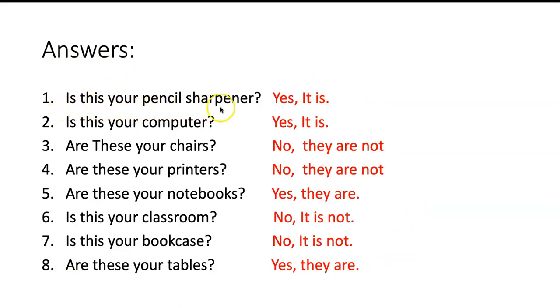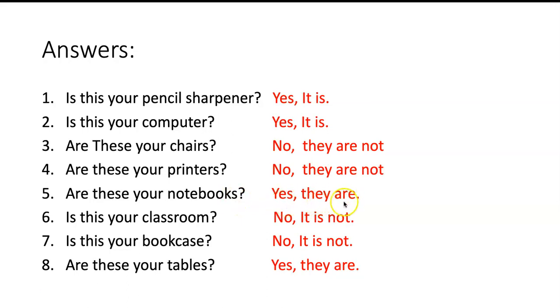Is this your pencil sharpener? Yes, it is. You have to answer with it is because you are asking with is this. So singular, singular. Is this your computer? Yes, it is. Are these your chairs? No, they are not. Are these your printers? No, they are not. Are these your notebooks?